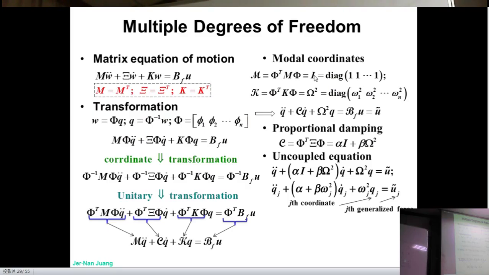That's very interesting, right? Is there any matrix phi such that phi transpose M phi equal to identity, and then phi transpose K phi equal to my frequencies diagonal there?